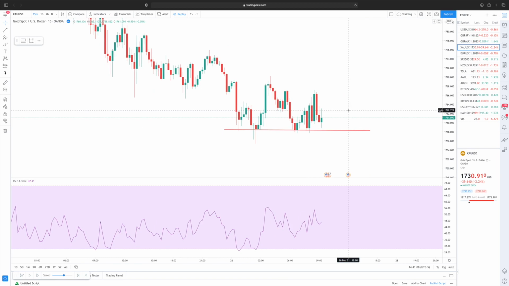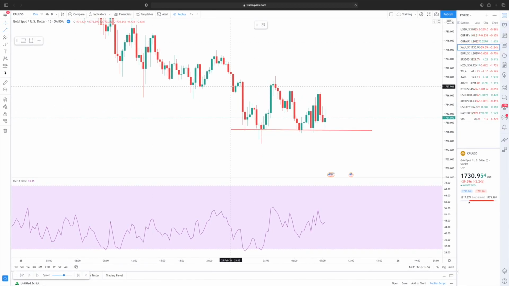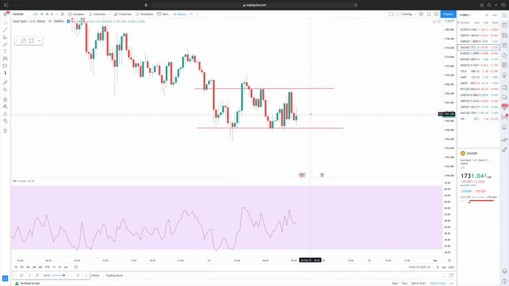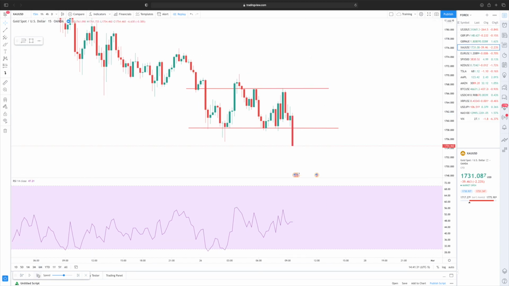Okay, we have some resistance as well, just like US 30. All right. So all we're waiting for here, same thing, break above, break below. What did we do? We waited for confirmation to see how that played out.